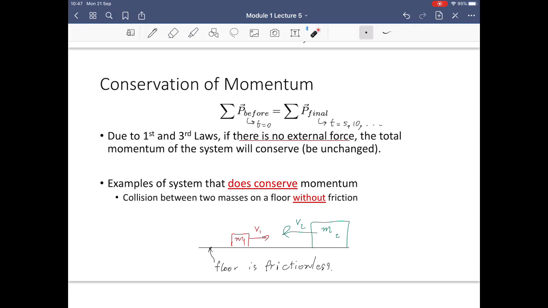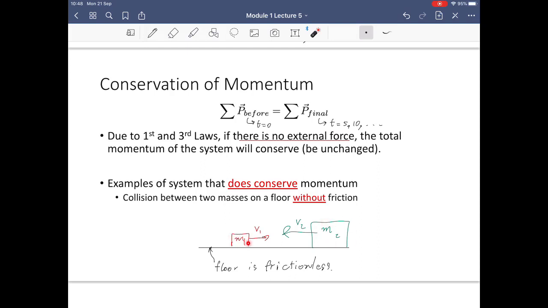For example, if you have two masses here, m1 and m2, with initial velocities v1 and v2, moving on a frictionless floor, and you treat the red mass and the green mass together as the system, then before and after they collide with each other, the total force acting on them together would be 0. So the total momentum of this system plus that system would be conserved.